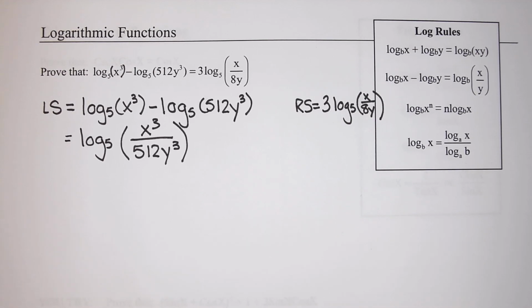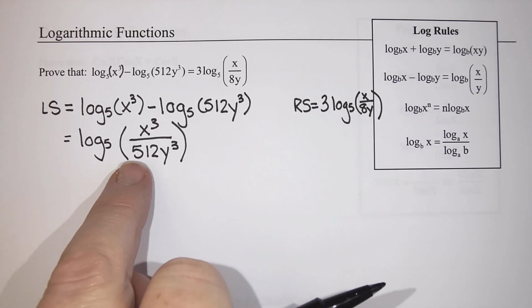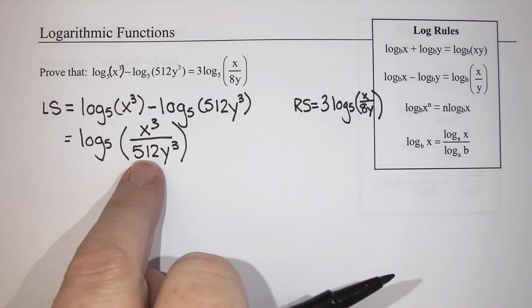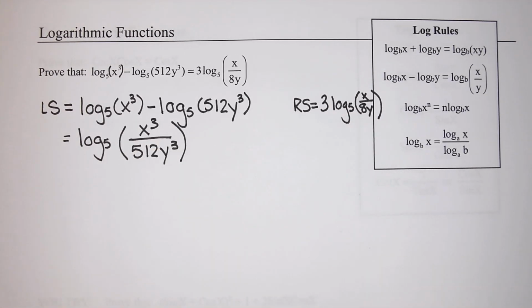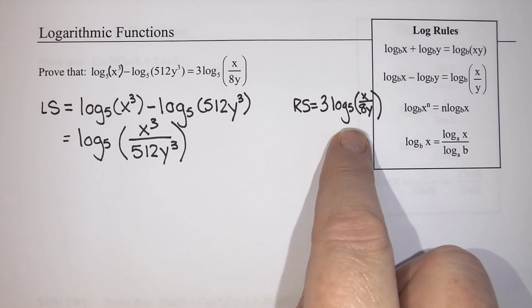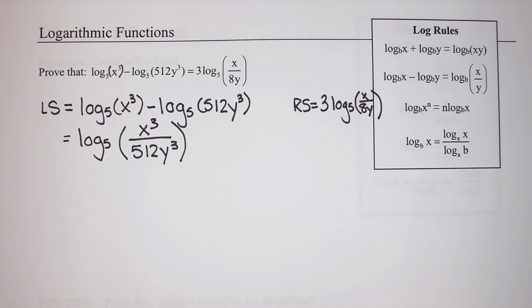Now from here, I have a choice. I have a single term, I have a single term. I can keep working on the left-hand side in an effort to turn it into the right-hand side, or I could go work on the right-hand side and see if I can make it equal where I'm currently at with the left-hand side.